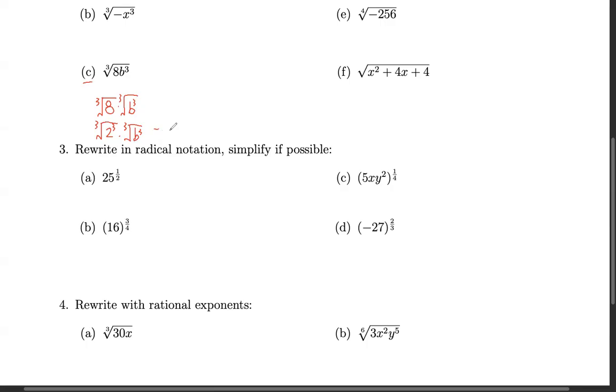So then we have 2 raised by 3 over 3 times b raised by 3 over 3. We just get 2b.